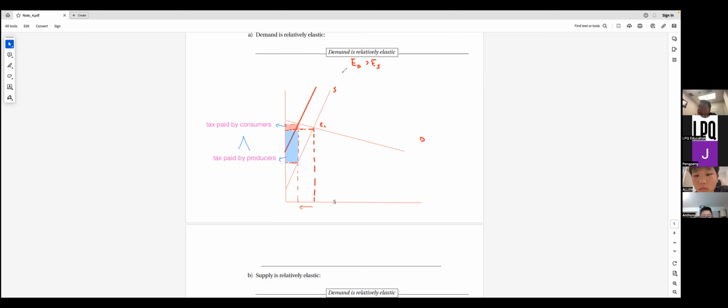And in this graph, ED greater than ES. So the demand curve is flatter, and the supply curve, relatively speaking, is steeper than your demand curve. So finally we got the tax burden paid by consumers because they care about price change, right? Based on your real life intuition, think about that. You are a smoker.